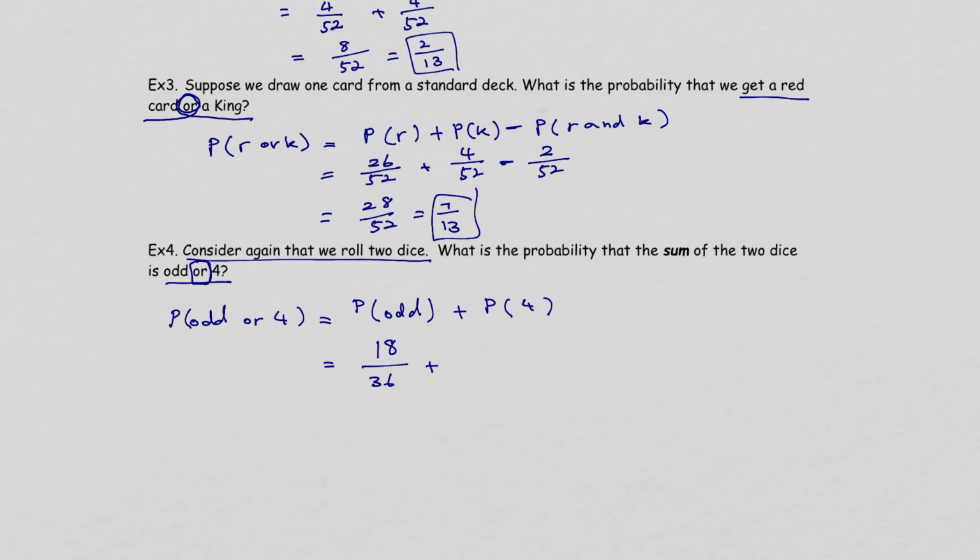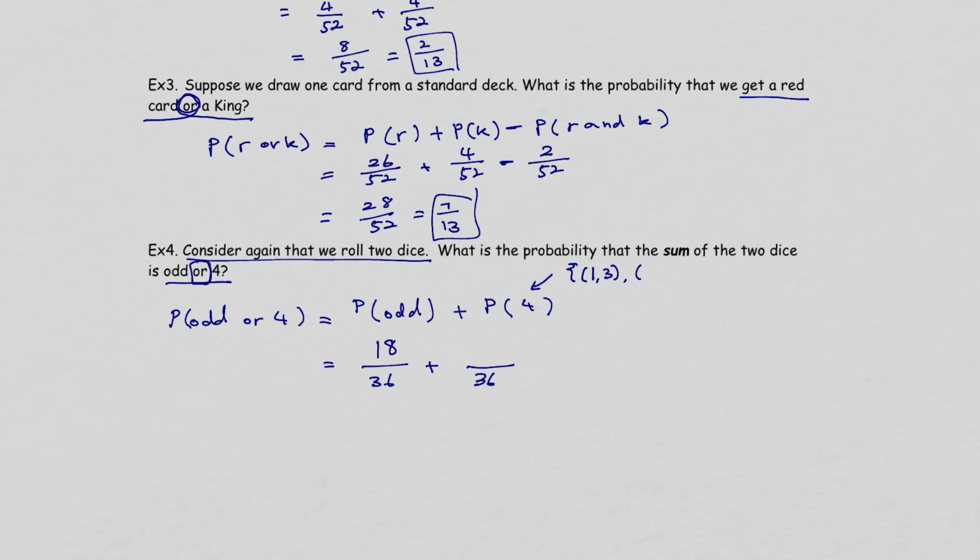And plus the probability of getting a 4. So 36 in total. Let's see, when can we get 4? This is small enough that we can write the sample space for it. When the first die is 1, the second die has to be 3.